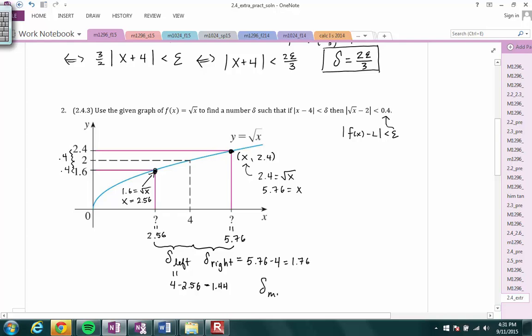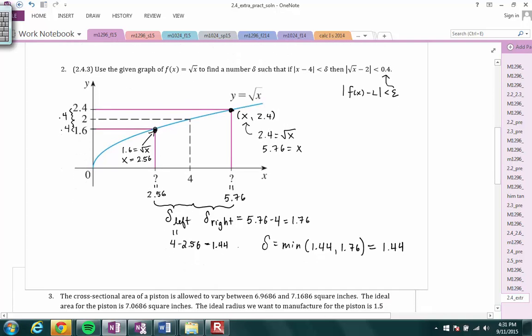Some fancy notation for that: delta equals the minimum of the right one and left one, or 1.44 and 1.76, which is 1.44. So delta is equal to 1.44. And that's it.